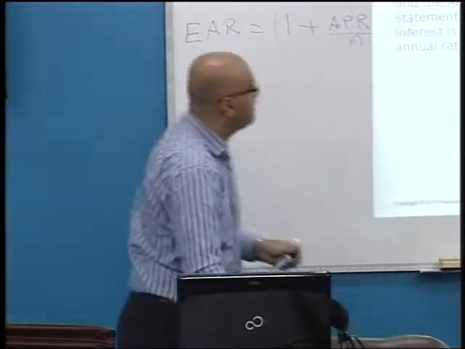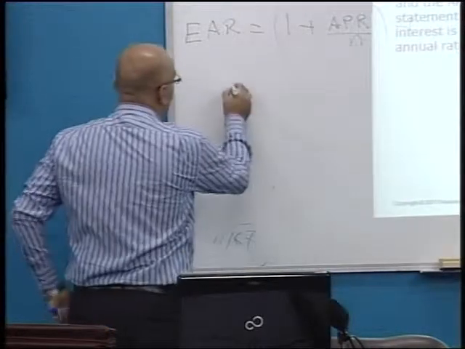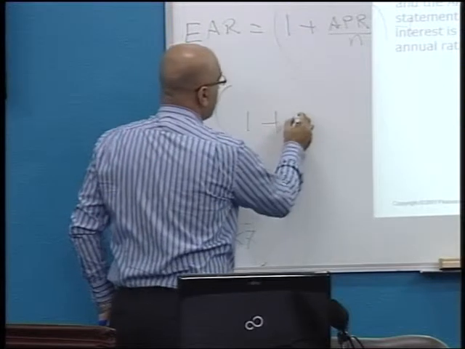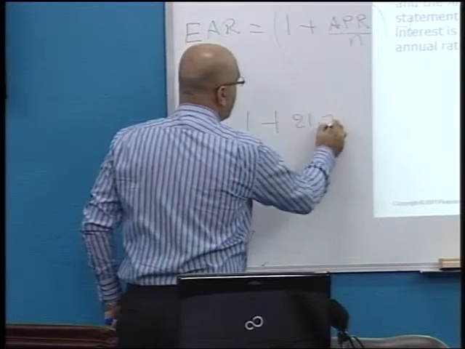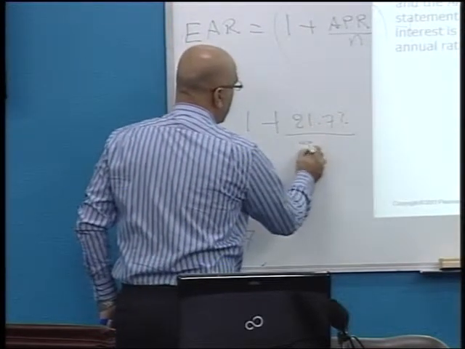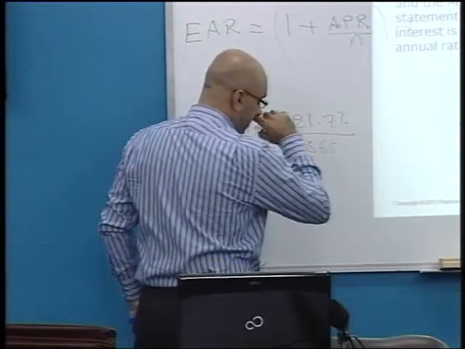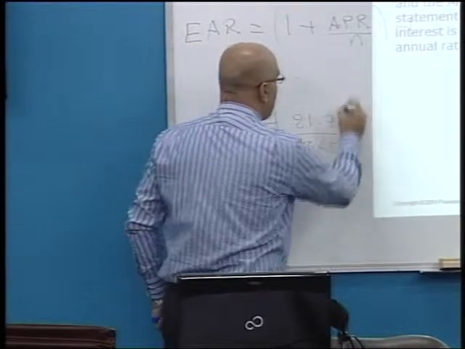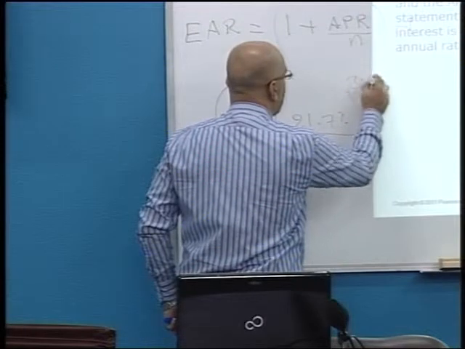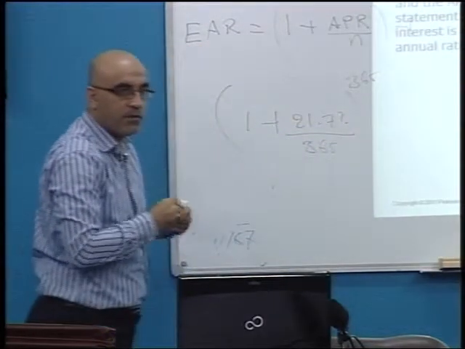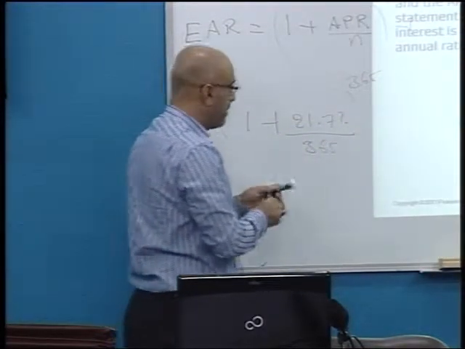So again, 1 plus 21.7% divided by 365, to the power 365, minus 1.